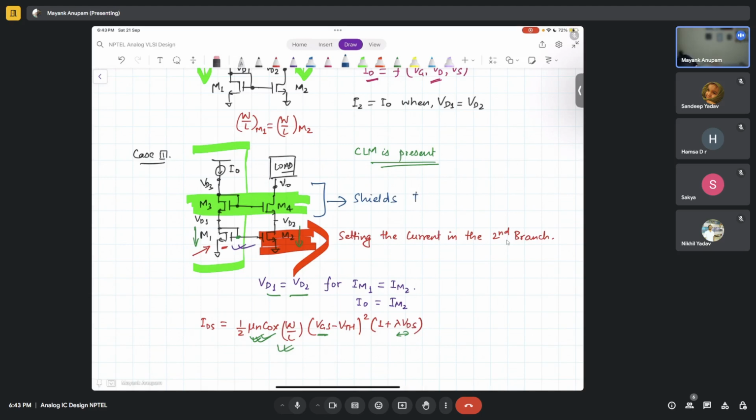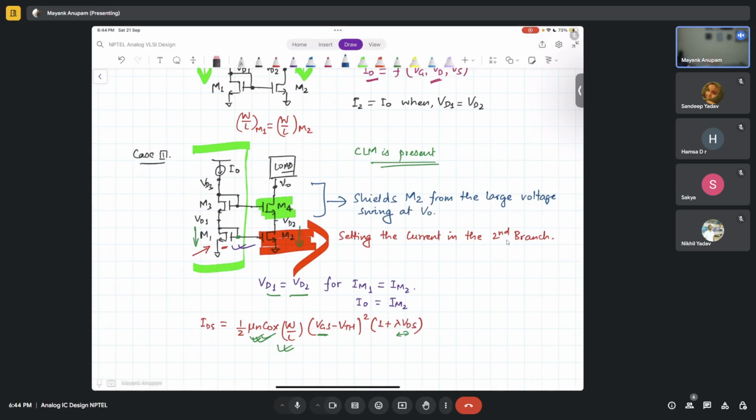It shields M2 and M1, or let's talk only about this MOSFET. M4 shields M2 from the large voltage swing at V out.